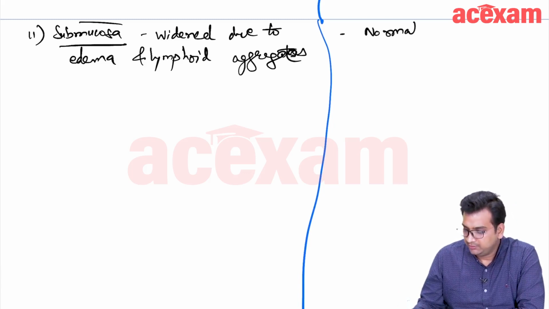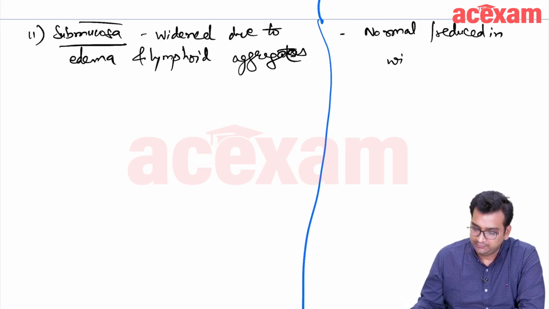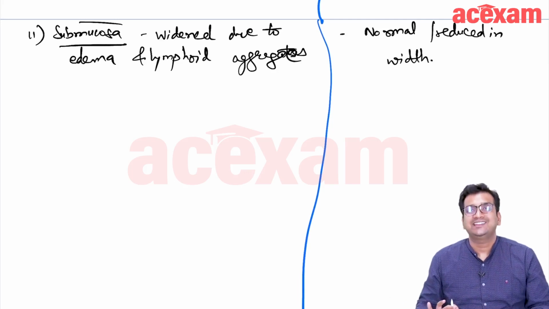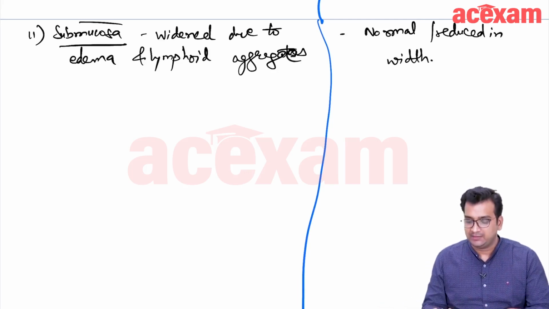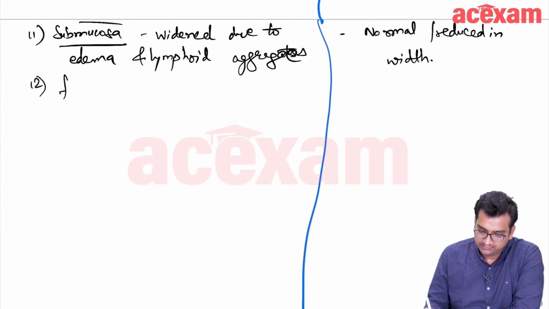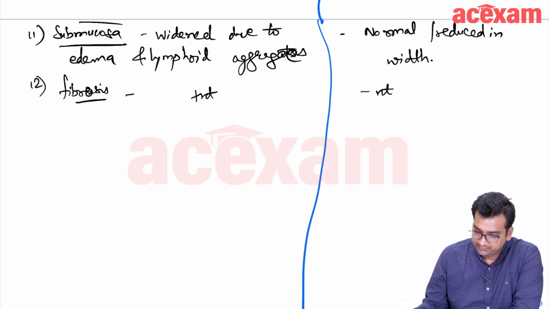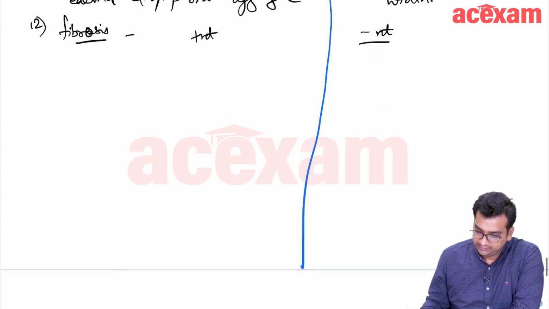Here it is normal or reduced in width. Fibrosis is seen in Crohn's disease and fibrosis is absent in ulcerative colitis. Fibrosis present, absent.